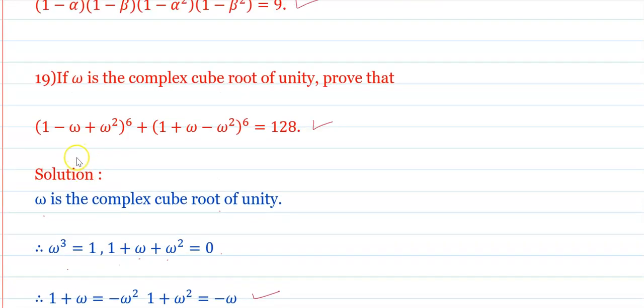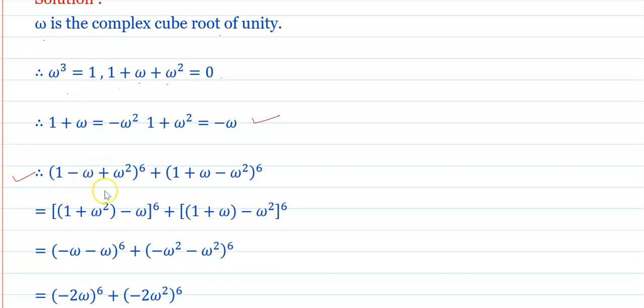Now consider the given expression: (1 minus omega plus omega square) raised to 6 plus (1 plus omega minus omega square) raised to 6. Collect these two terms: (1 plus omega square minus omega) raised to 6. Again here we bring 1 plus omega together: minus omega square, bracket raised to 6. But what is the value of 1 plus omega square?